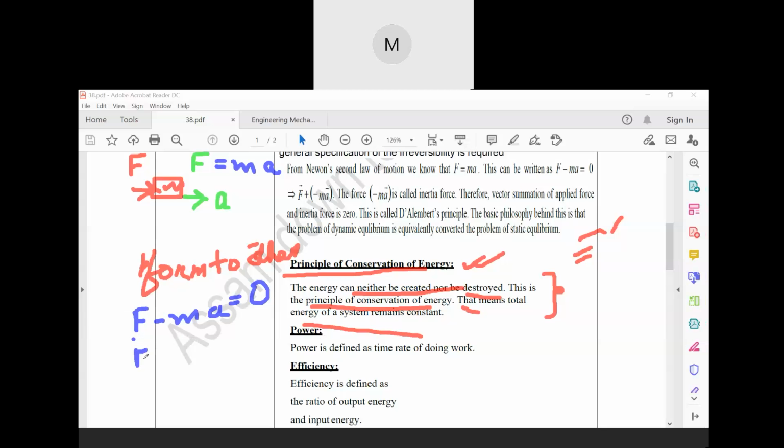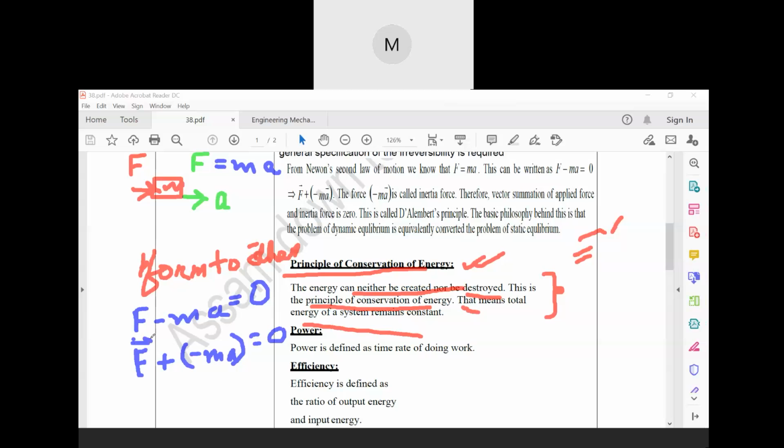F minus MA can be written like this now: F plus minus MA. Yes or no? So this comes out to be what?